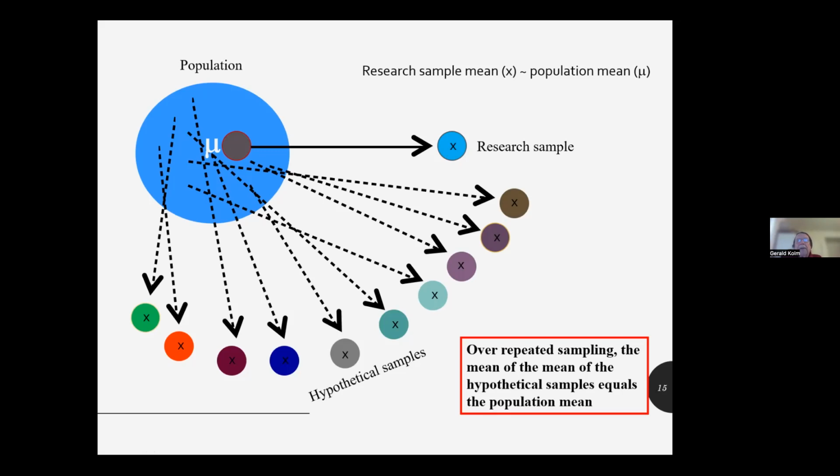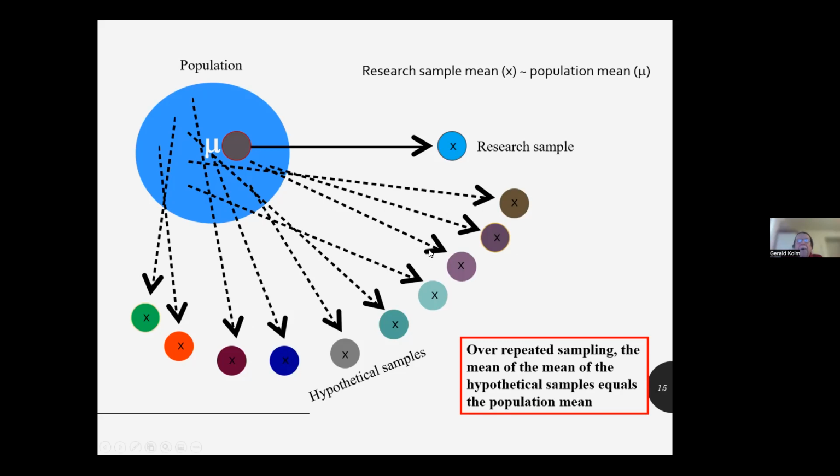The concept here of statistics that we're talking about is the idea that if you were able to draw an infinite number of random samples from the population, the mean of all these samples would approach the population mean.